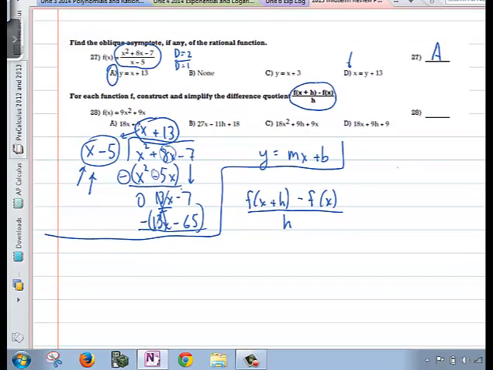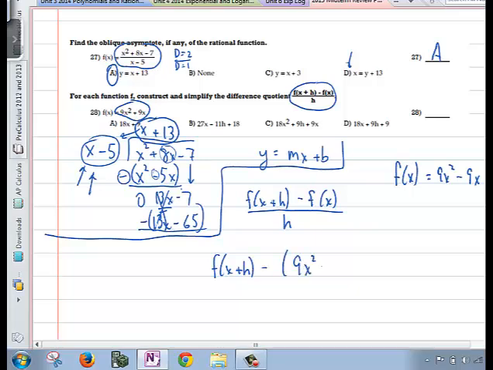So when they give you the equation f of x is equal to 9x squared minus 9x, they've already given you half of the difference quotient. So I'm just going to rewrite this difference quotient. We have f of x plus h minus the quantity of 9x squared minus 9x.